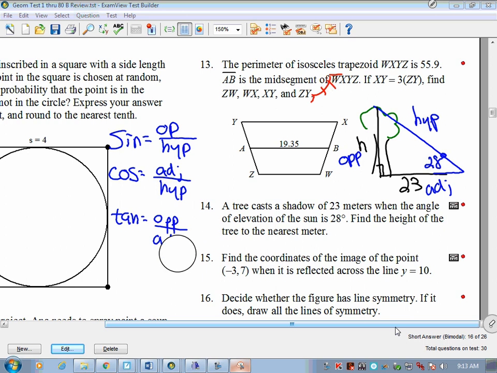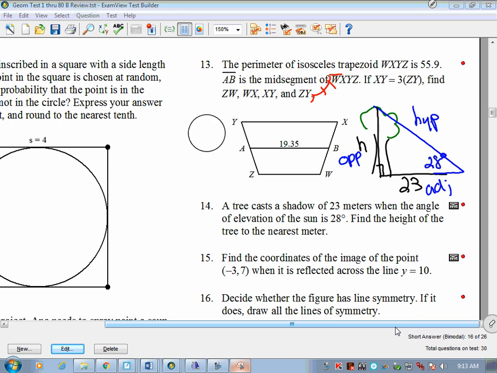So I'm going to erase these. You guys should have those written down. All right, so I'm going to write tangent. What goes next to my trig function? My degree. Good, 28. And because tangent equals opposite over adjacent, I'm going to put h, which is my unknown, my height of the tree, over my adjacent, my known, 23.